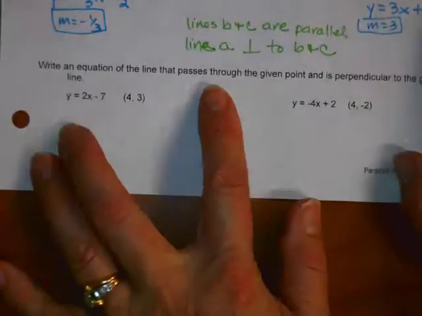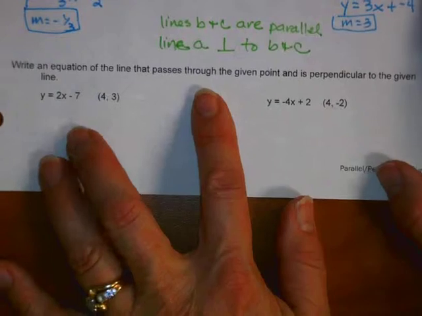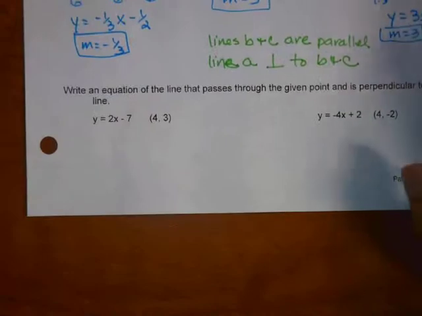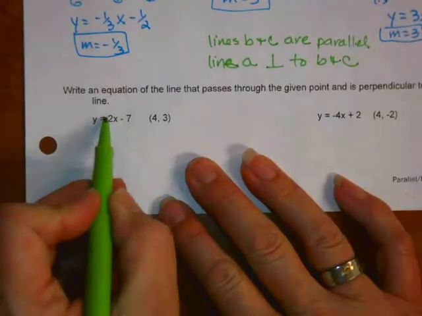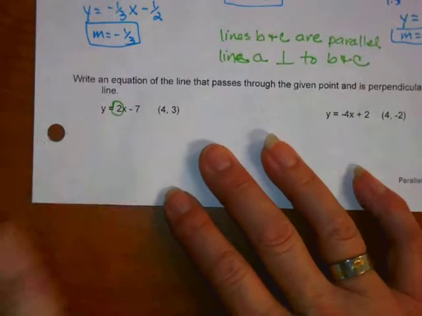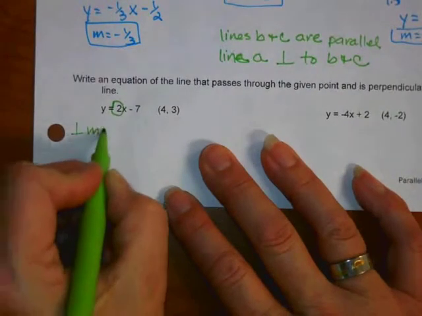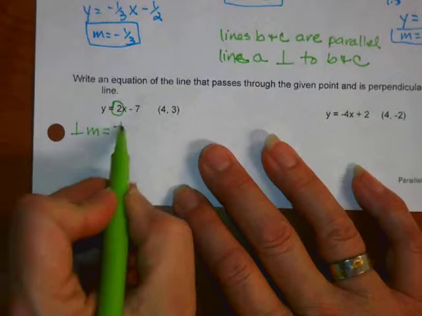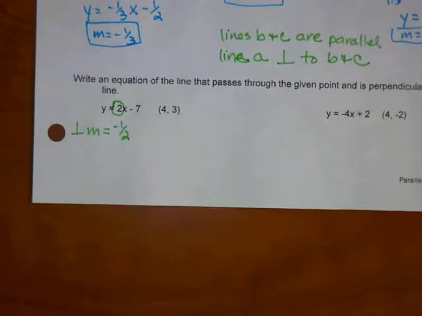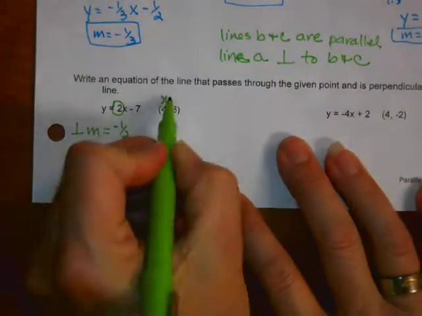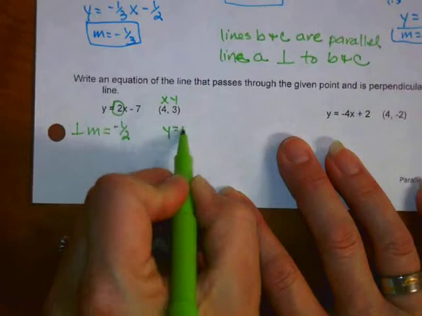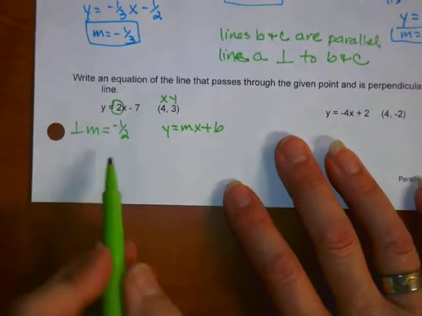Write an equation of the line that passes through the given point and is perpendicular to the given line. So it's the same thing we were doing here, except we are using a perpendicular slope. So the original slope was what? 2. What would the perpendicular slope be? Negative 1/2, okay? So I'm going to use y equals mx plus b this time. And I'm going to plug in what I know.